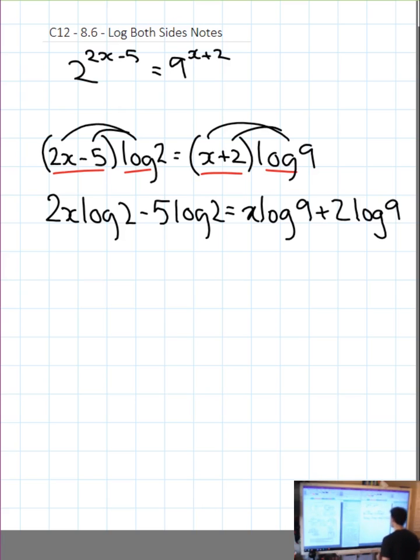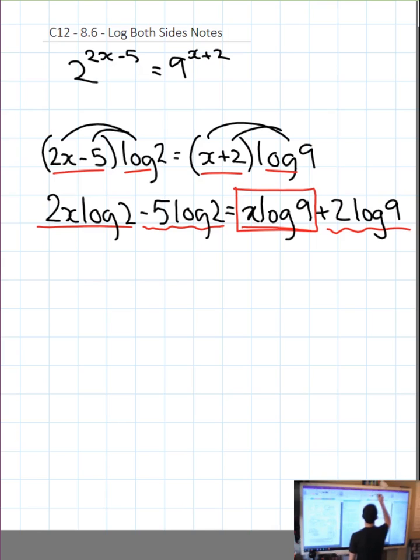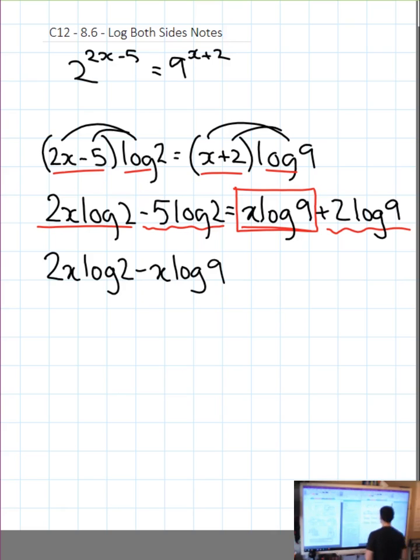Now we want to get everything with x on one side, so we're going to get these two terms on one side, and then we want to get everything without x on the other. So if I subtract this term from both sides, I get 2x log 2 minus x log 9.